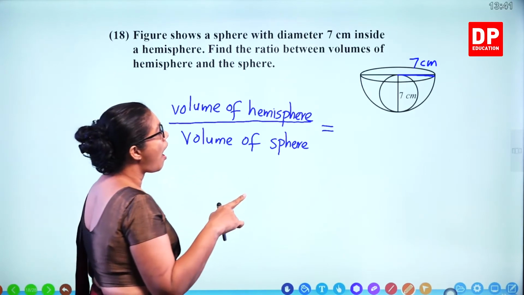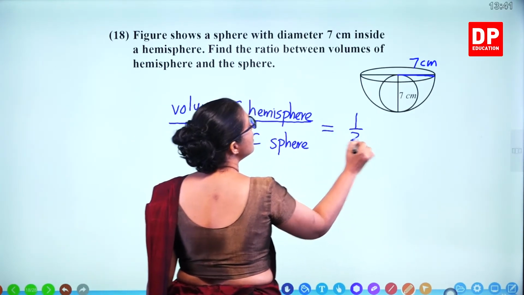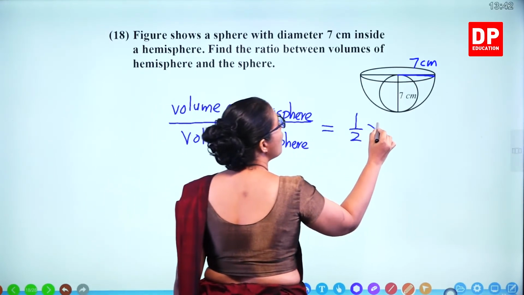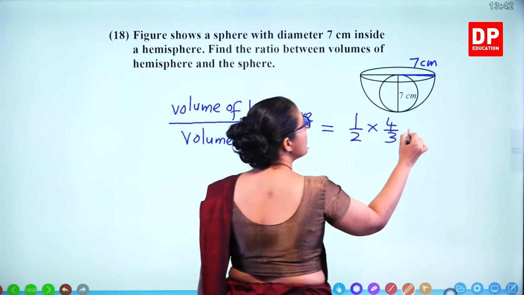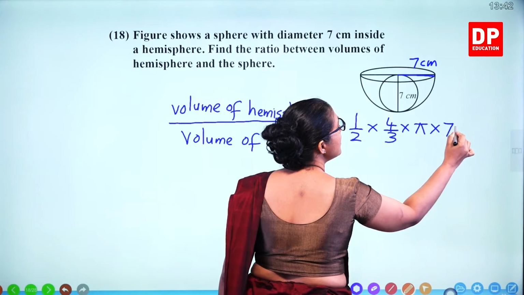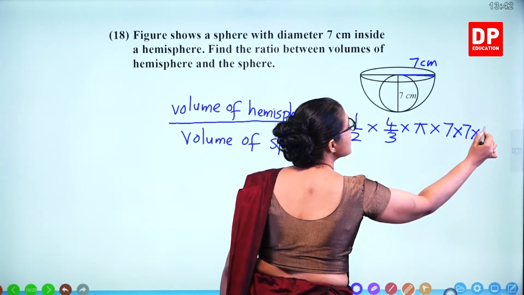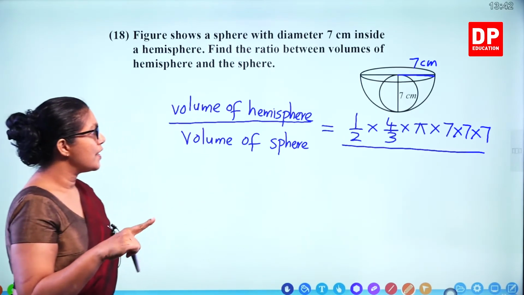This is half of the full thing. Half of 4 over 3. Volume is 4 over 3 pi r cube. Pi r, r is 7. Cube means 7 three times. That's the volume of hemisphere.